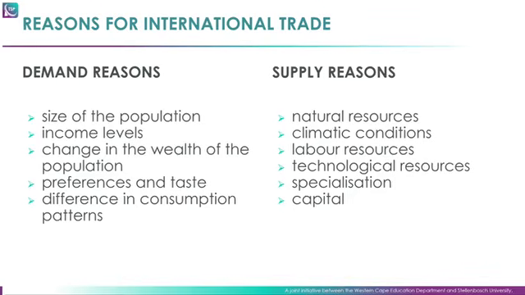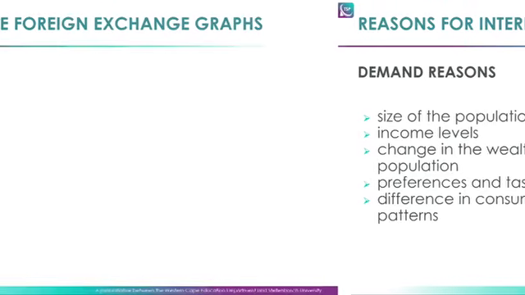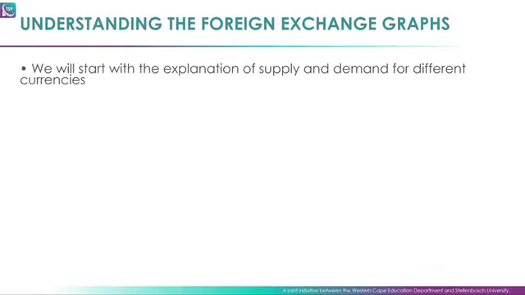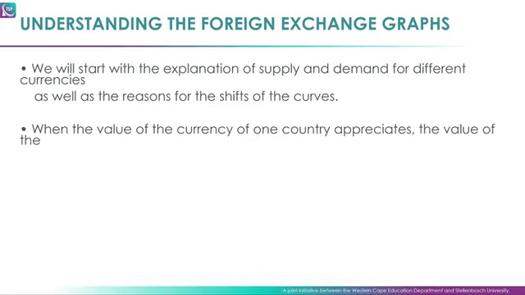Right, we're moving on to the foreign exchange graphs. We will start with the explanation of supply and demand for different currencies, as well as the reasons for the shifts of the curves.